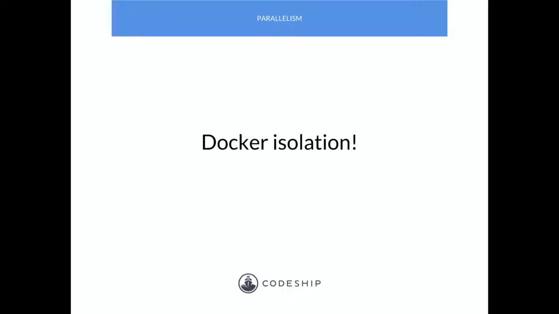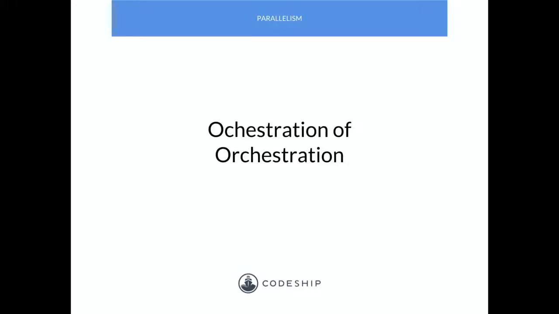By isolating your different applications, by hiding which ports they're running on, remapping them, all that stuff, you can create really nicely isolated systems that are much, much easier to run in parallel. The trick then becomes the orchestration of all of that work. And that's because you have to orchestrate your orchestration. So if you're running things in parallel, but those parallel things are each using something like Docker Compose, then you need a Docker Compose composer. And that's where it all gets really fun.